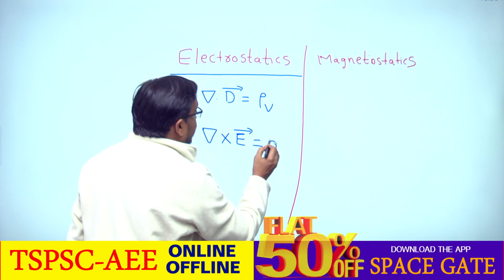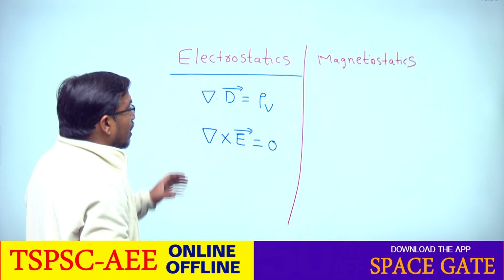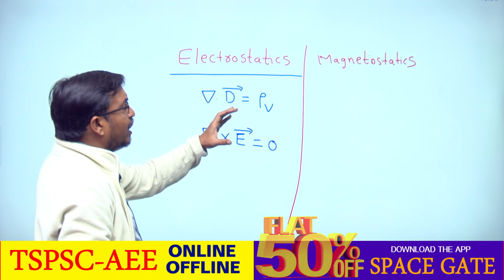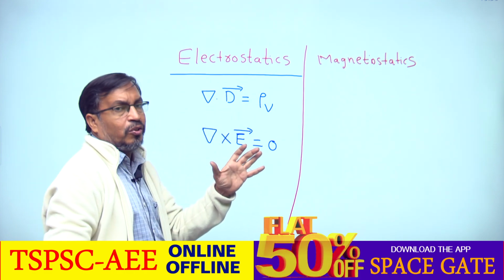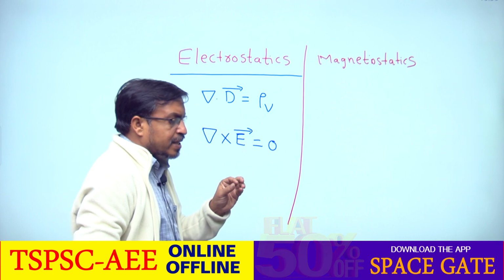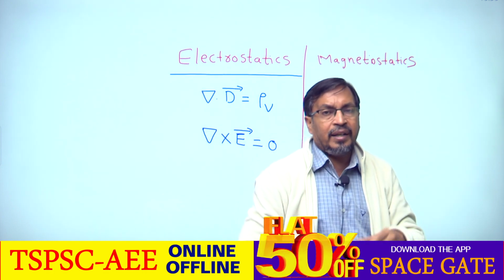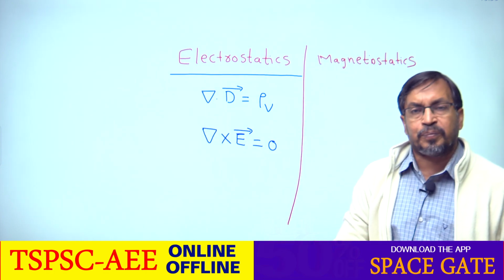See here, just now I explained divergence and curl. Here divergence of D equals rho V and curl E equals 0, where D is electric flux density and E is electric field intensity.